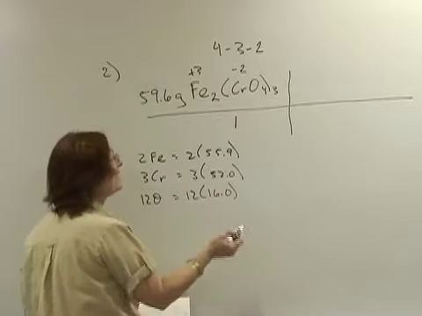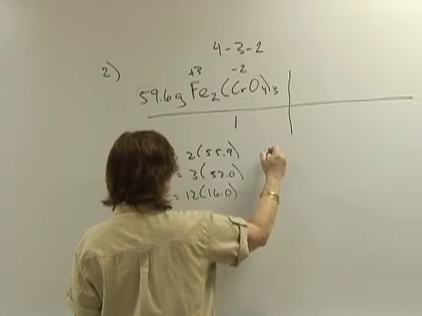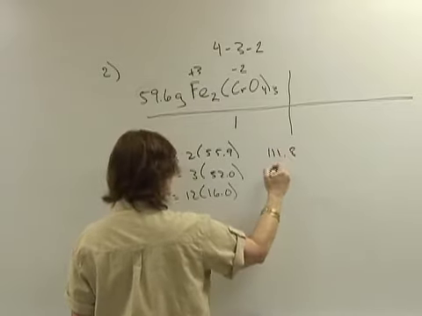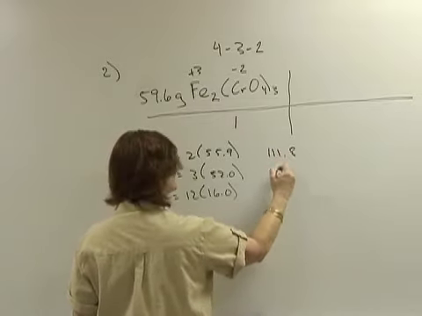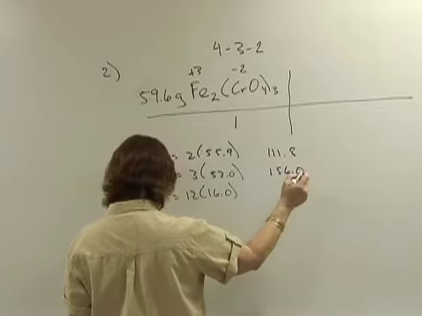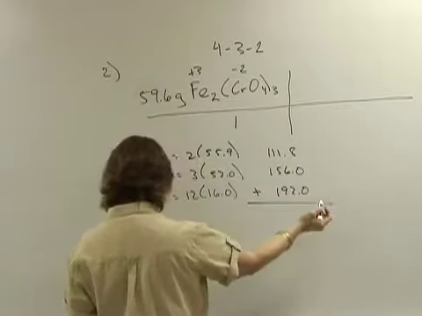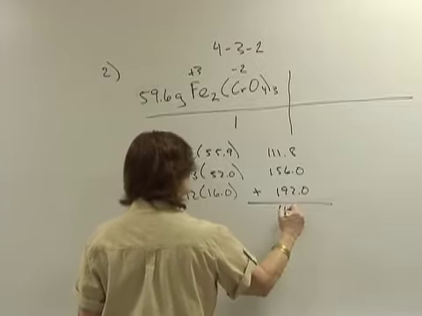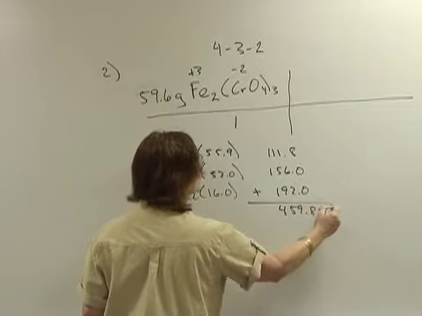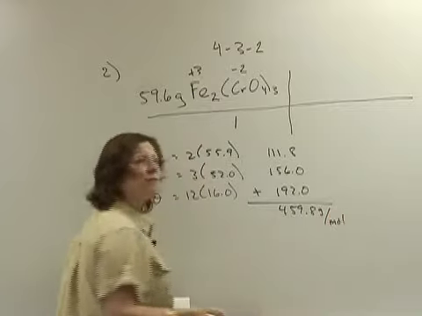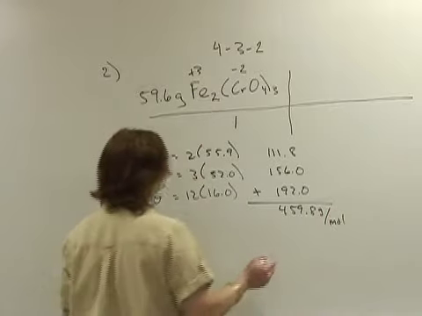I write them again, and therefore I get 111.8 and 156.0 and 192.0. And I add them together and I get a total mass of 459.8 grams per mole, and therefore that is my conversion factor.